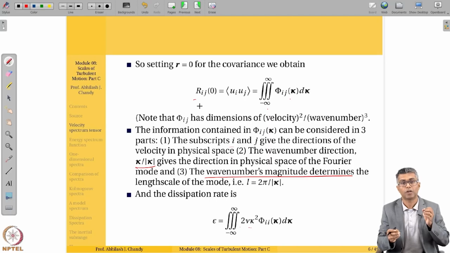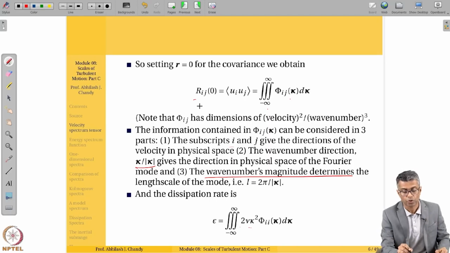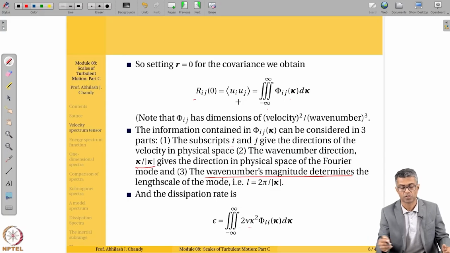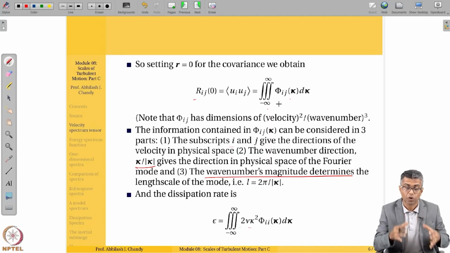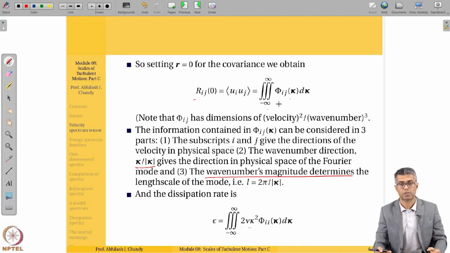So you will have Rij of 0, which is basically the Reynolds stresses, Ui Uj average. And that essentially is the triple integral of your velocity spectrum tensor over all the wave number vectors. So you basically get a single number by integrating the velocity spectrum tensor over all the wave number space.